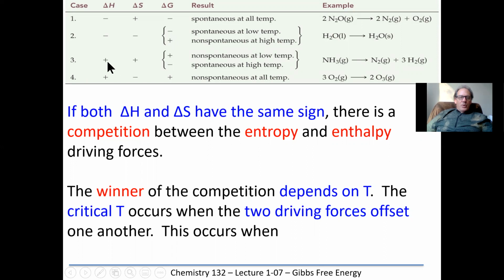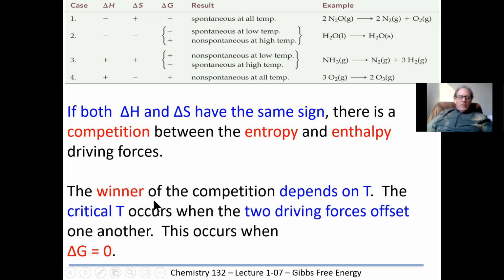And the same holds true if delta H is positive, which is not favorable, and delta S is positive, which is more randomness in the system. You can have either a spontaneous or a non-spontaneous event. So we're going to consider in those cases those driving forces of enthalpy and entropy to be opposed to one another.